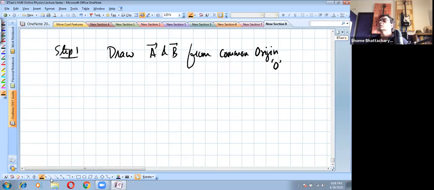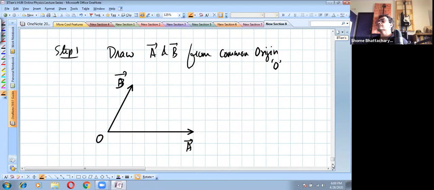So let's say this is a common origin. From this point only I'll draw the vector A. I'll pick up the vector A from above and place it such that it's drawn from this, and I'll pick up the vector B from above and draw it over. So from a common origin, I have sourced vector B also, and I've sourced vector A also. So that's the first step.